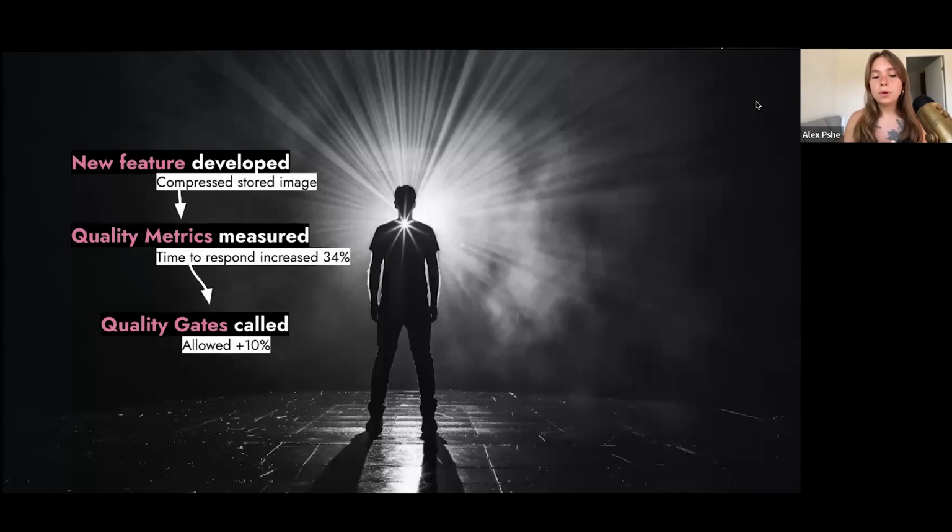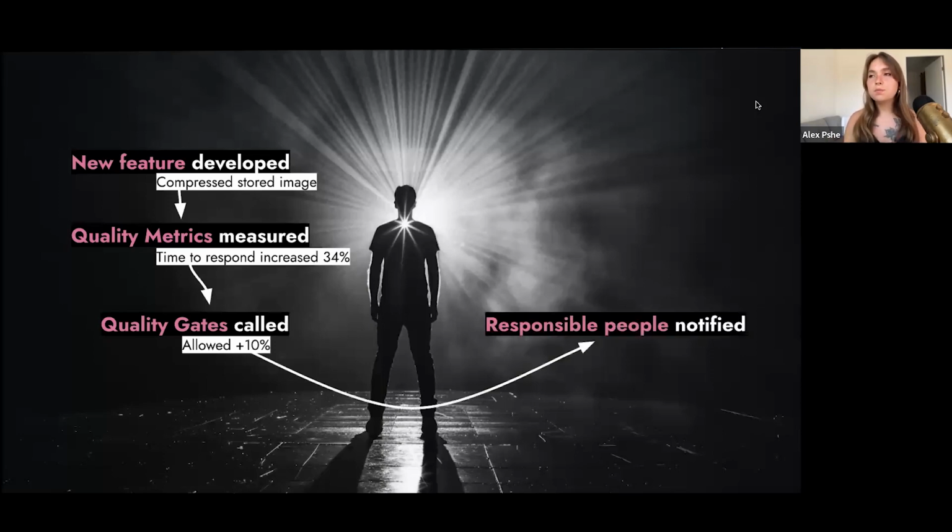For example, in our quality gates we allowed only a plus 10% increase in time to respond. So yes, this looks like too much for us. After that, responsible people should be notified, because that's a problem. We have a new feature which right now gives us much more time to respond than we expected before.